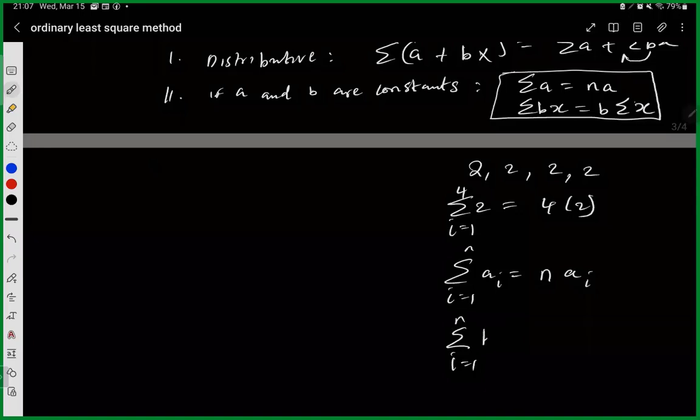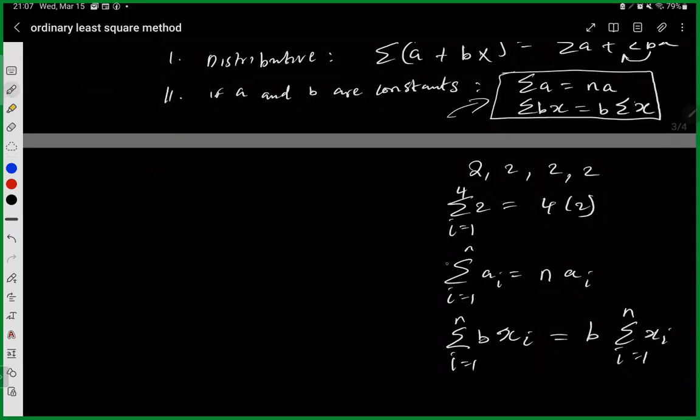So summation of b xi is equal to b times the summation from 1 to n of xi. I've just expanded this here, but if you want to keep things simple, it is just this.